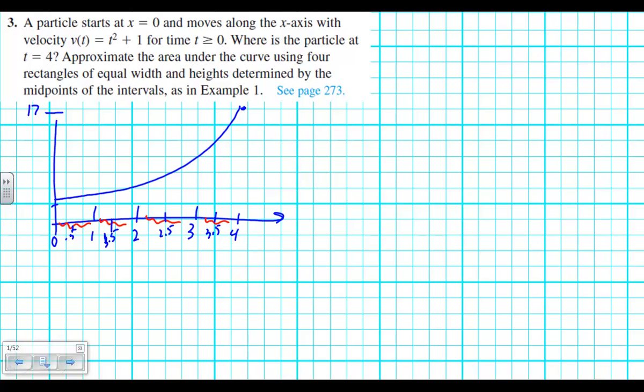So our first rectangle is going to be 1 wide, and the height is going to be dependent on the value of the function at 0.5.